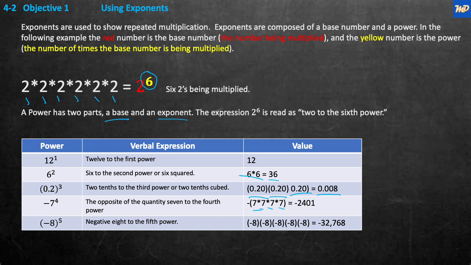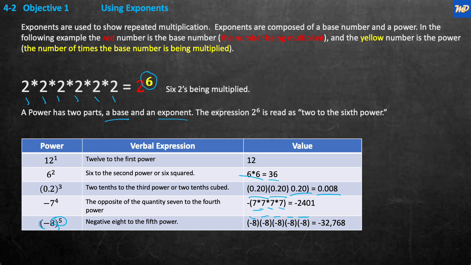In this case here, we have the parentheses, or the quantity, -8 taken 5 times. -8 to the 5th power. So that's the quantity right here. The quantity of -8 times the quantity of -8 times -8 times -8 times the quantity of -8 is negative 32,768.